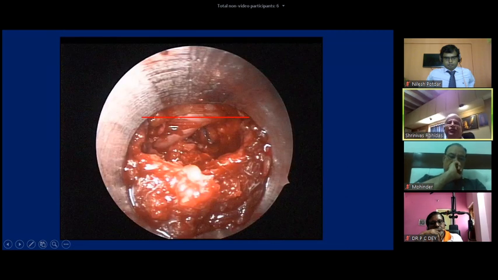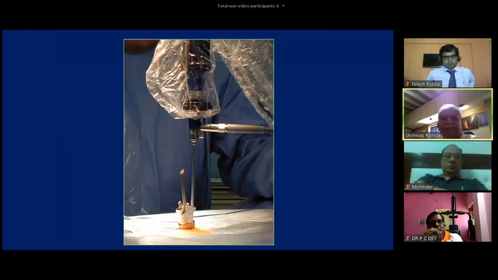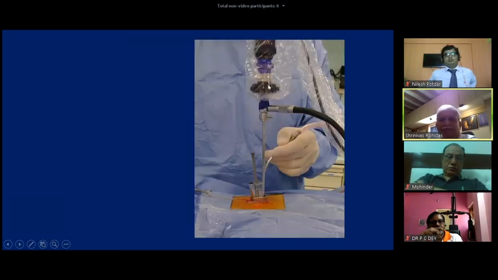This is the endoscopic view when we put the endoscope, outer tube and inner tube inside and look at the screen. This is the outer tube, inner tube, endoscope, light cable with the camera.